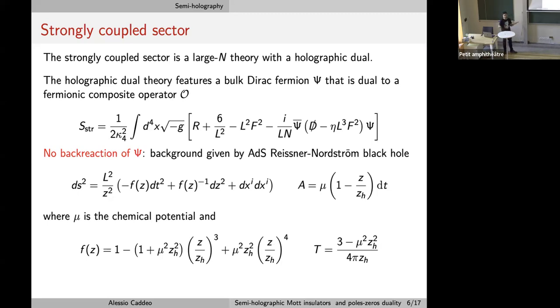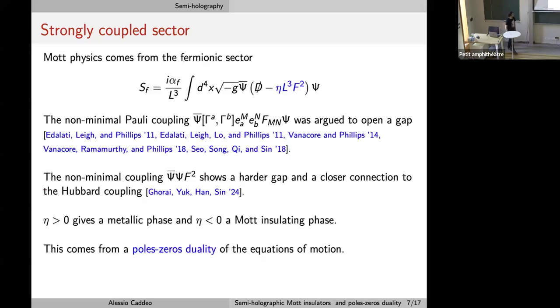As a result, I can study the fermion in a background given by the AdS Reissner-Nordstrom geometry. We also saw this in the previous talks, so it's not very important to focus on the details. Let me just say that I will always work in the zero temperature case.